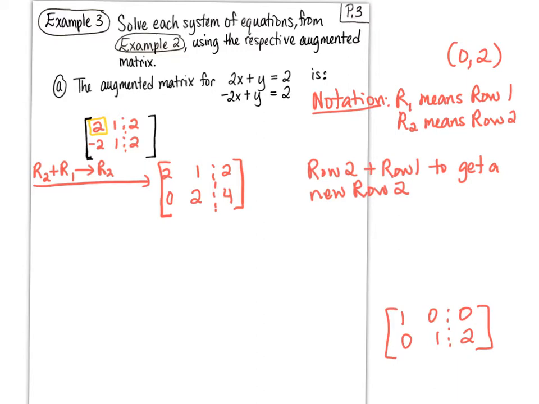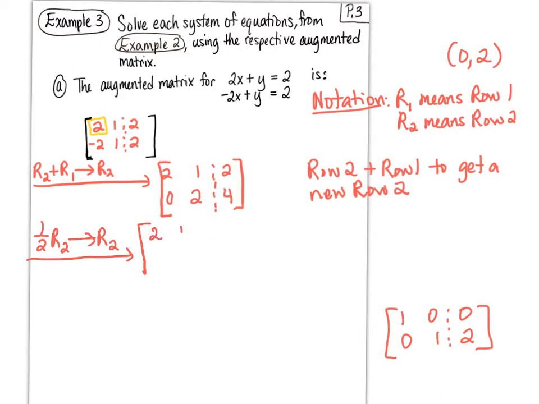Next up, what we want to do is we see we can make this here a 1 by multiplying row 2 by 1/2. So we are going to say 1/2 times row 2 to get a new row 2. And you put that arrow there.